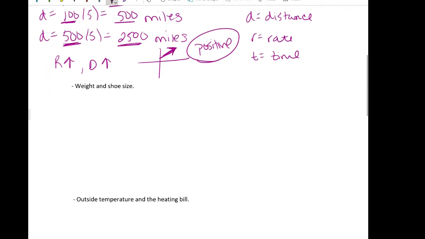What about weight and shoe size? Hopefully this one is a little bit obvious. Let's take my nieces that are 120 pounds and they're triplets. One of them wears a size 7, one of them wears a size 8, and one of them wears a size 9.